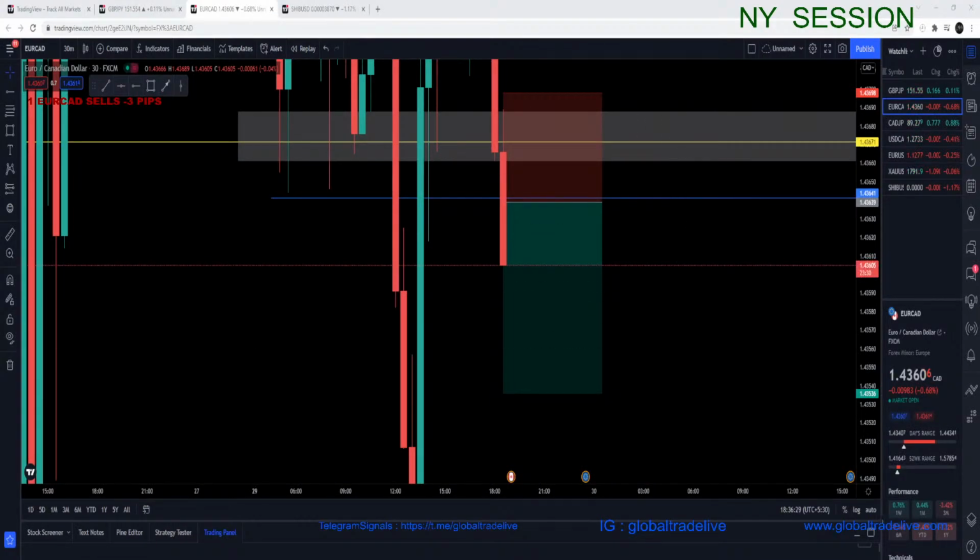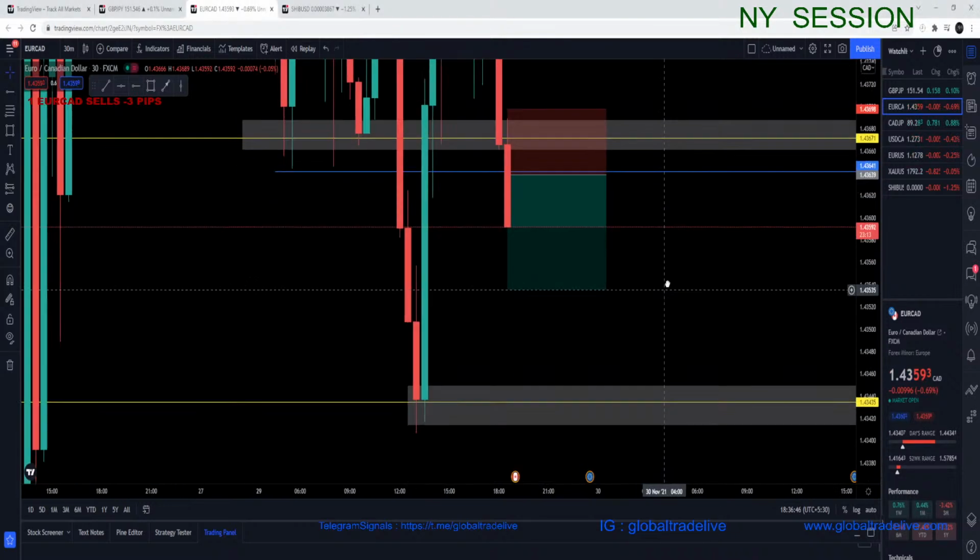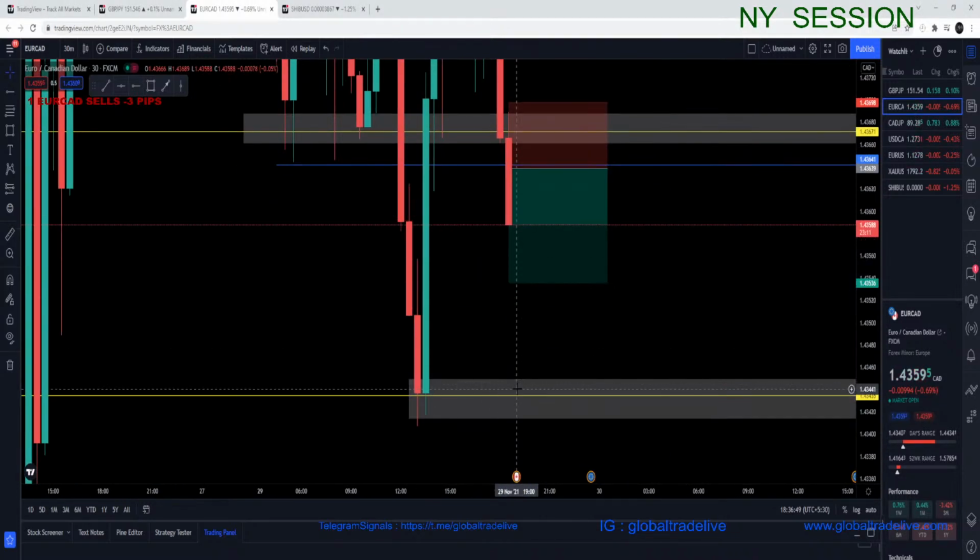So running in 3 pips right now. It should be going all the way down to this area.